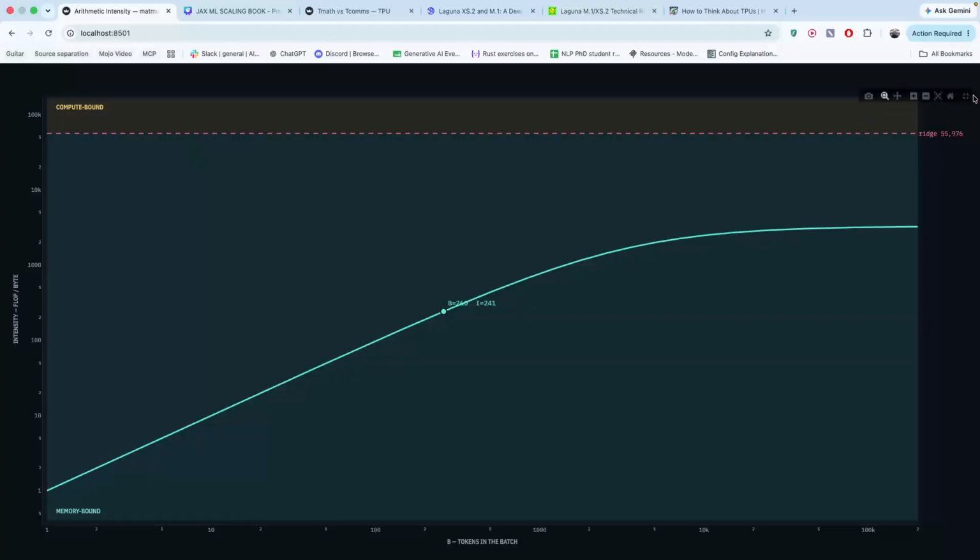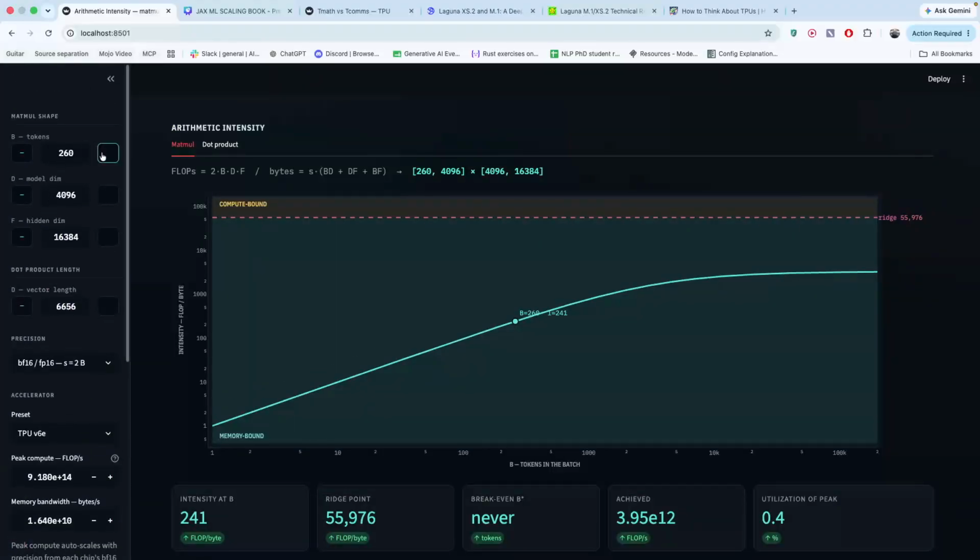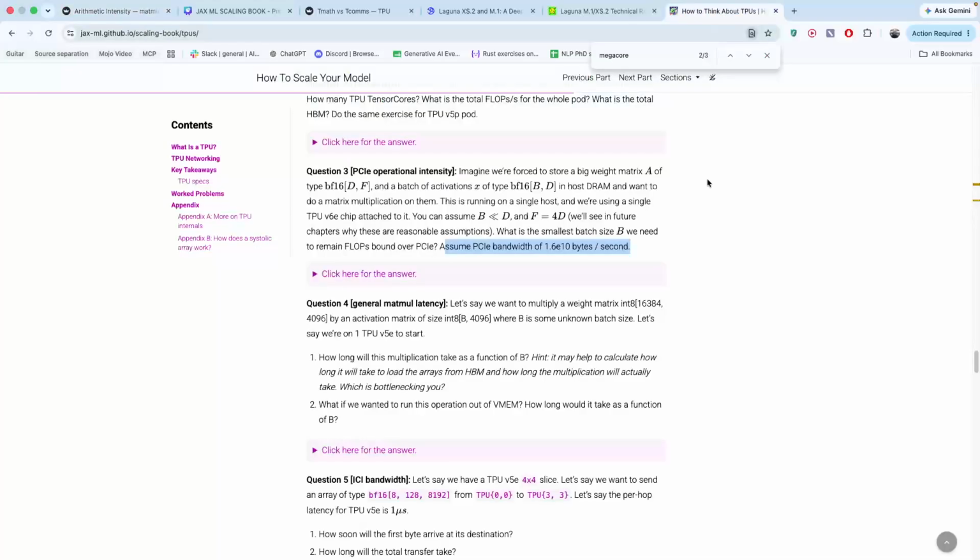See, no matter what your batch size is, you can have a 200k batch size or a 50k batch size, you are never going to hit this. You are never going to go into the compute-bound region, and the reason for that is you are transferring your data through PCIe.